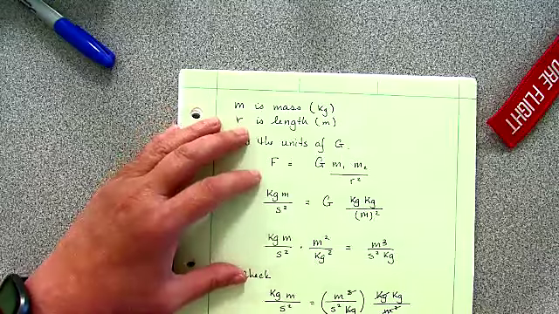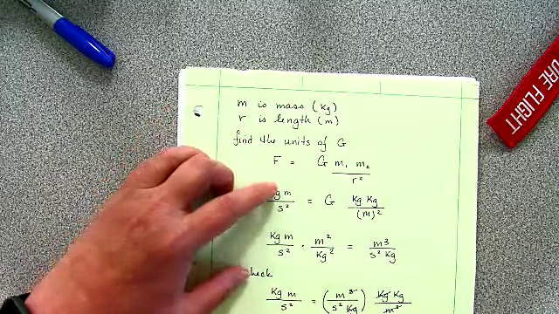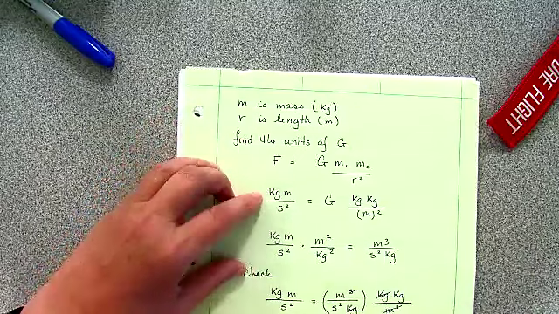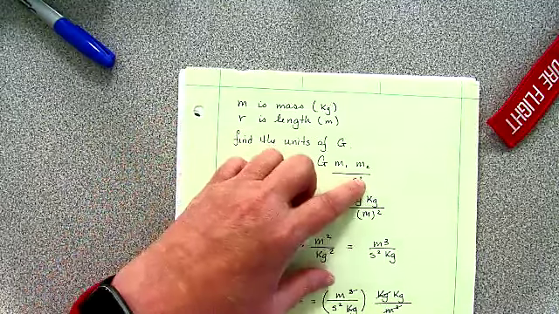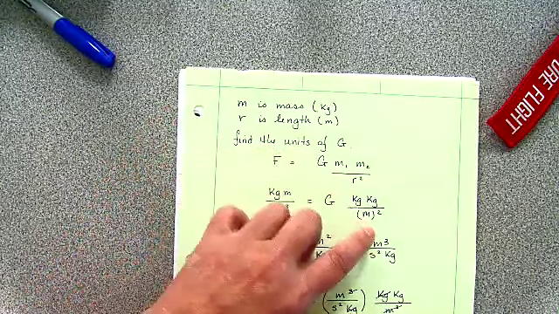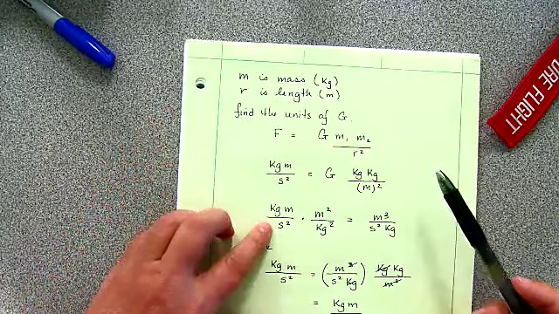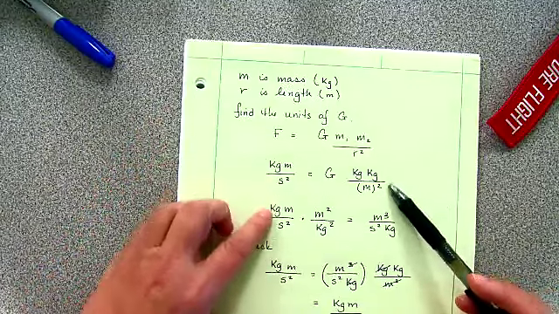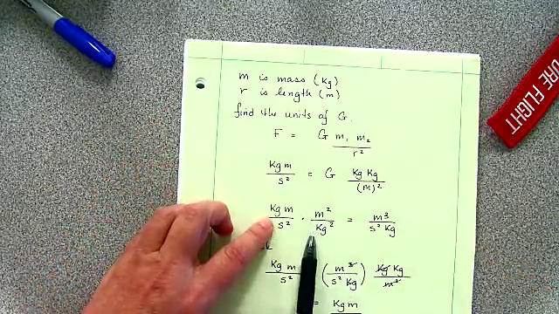So I'm going to plug in units for each of my variables. I'm plugging in kilograms meters per second squared for my force. I have mass 1, kilograms, mass 2, kilograms. R is in meters, and that gives me meters squared. So now I'm going to take this over here, and I'm going to multiply by the inverse on this side.